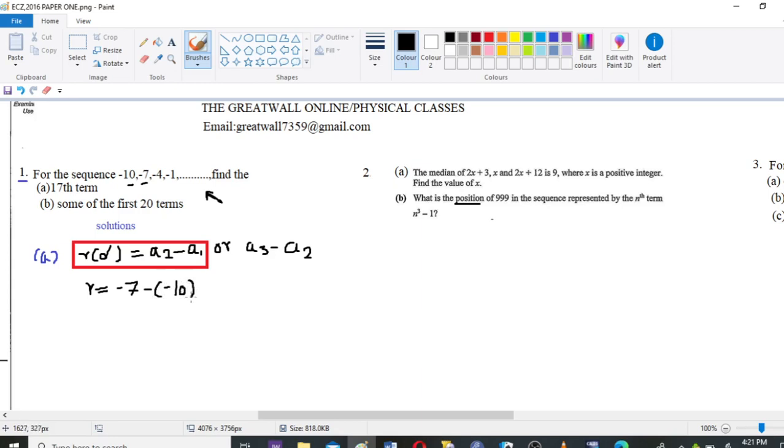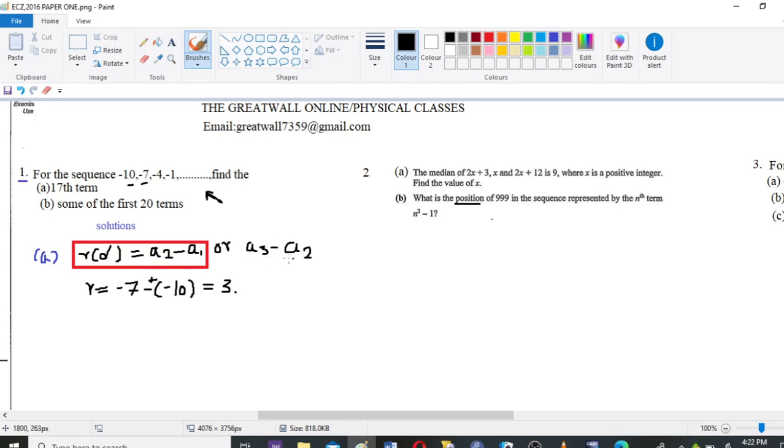If you add and subtract, negative times negative gives positive, so we have -7 plus 10, which gives positive 3.